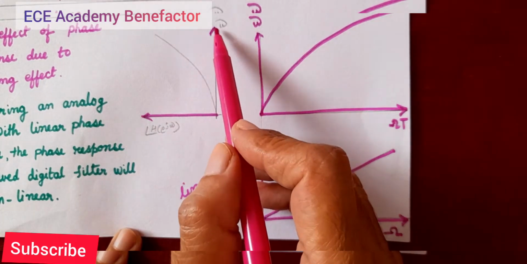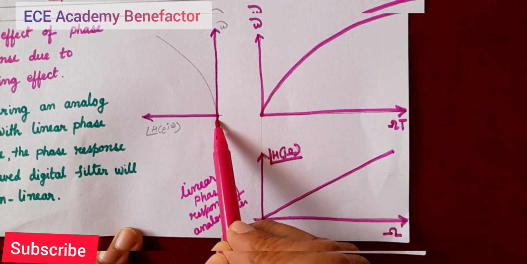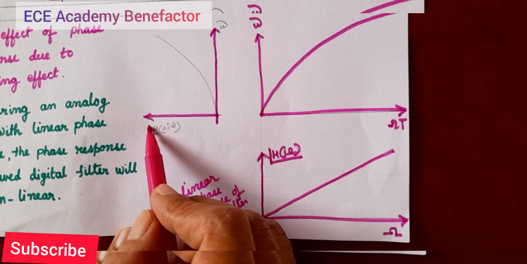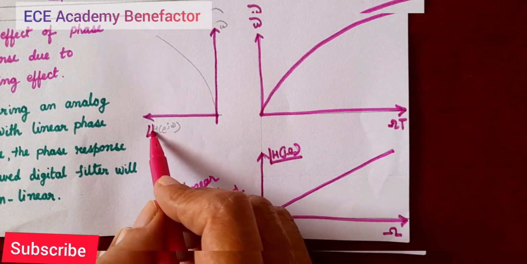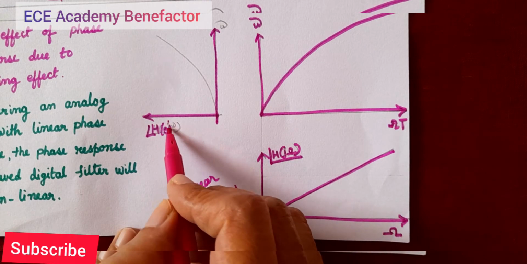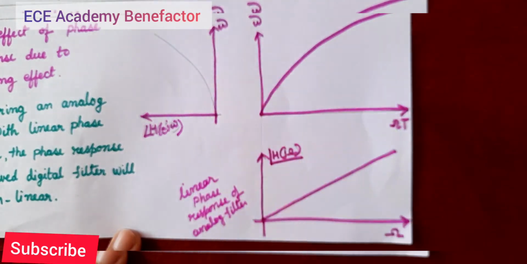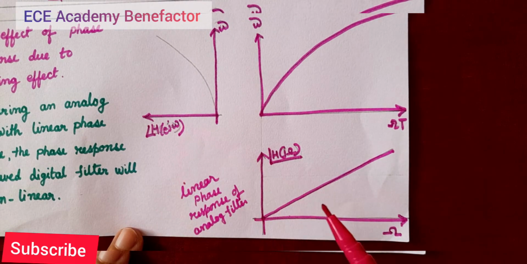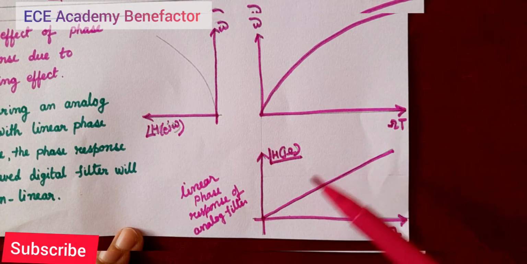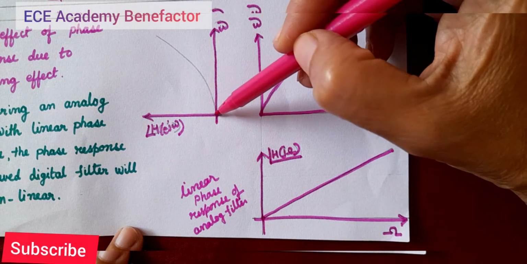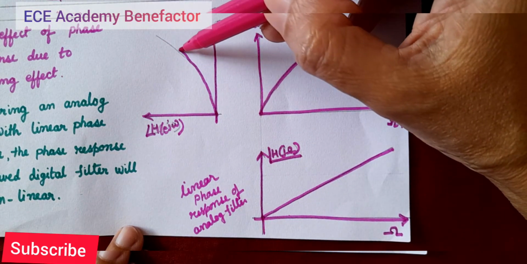So, we have to see what is the phase response of the digital filter. So, angle of H of e to the power of j omega versus omega. This is the phase response. If you give the linear phase, how is the phase response coming? It is coming to be curved like this.